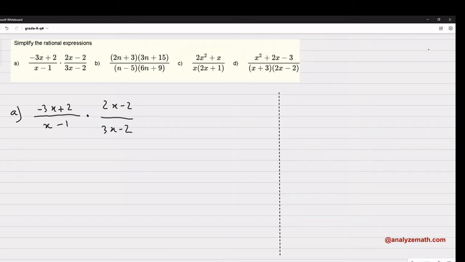In this video, we are going to simplify rational expressions. But before we simplify rational expressions with variables, let's do this with numbers. It's easy to understand.